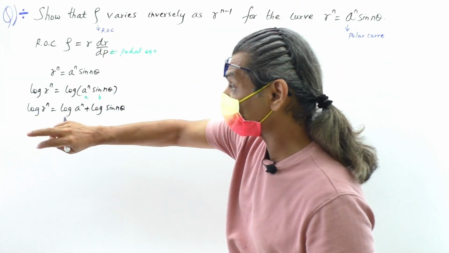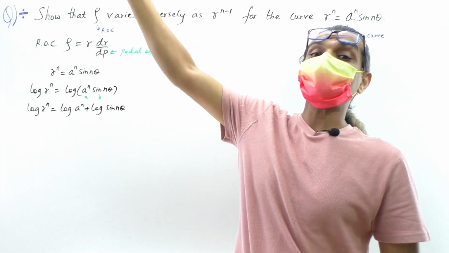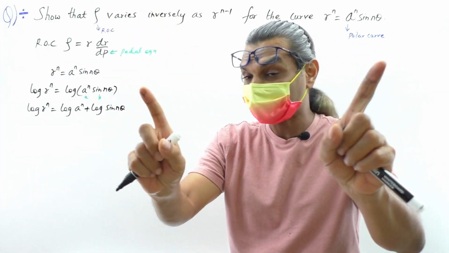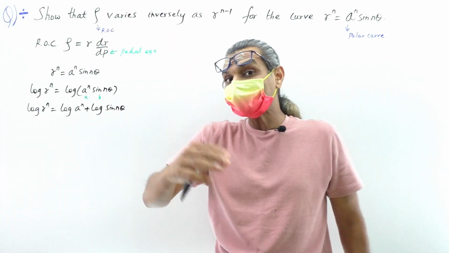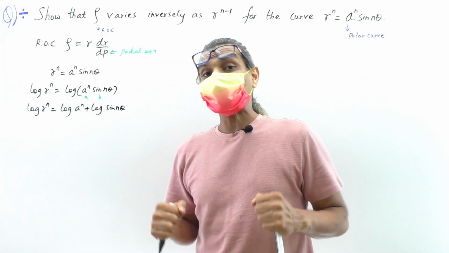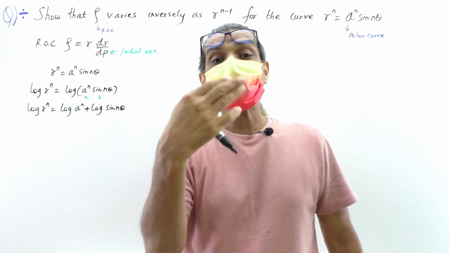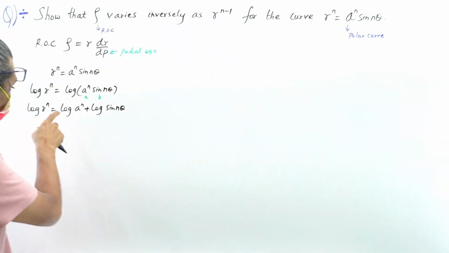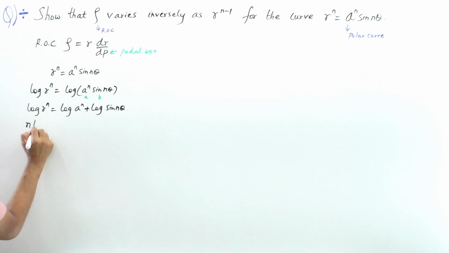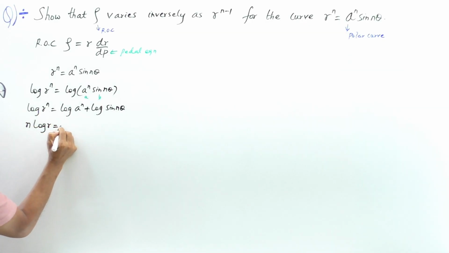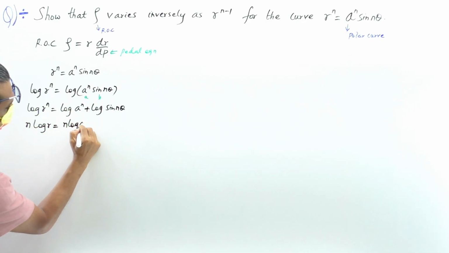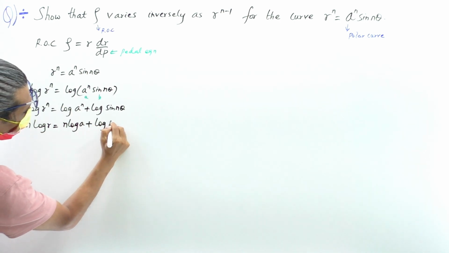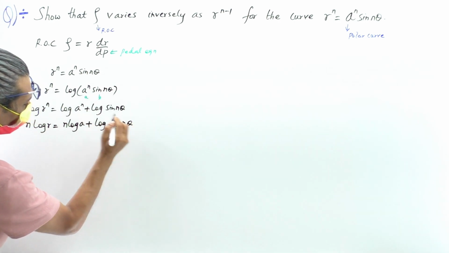Here it is a sum, but raised to power n we won't get the answer, so we bring it down using the powerful property of logarithm: log a^k = k log a. So n log r = n log a + log of sin n theta.